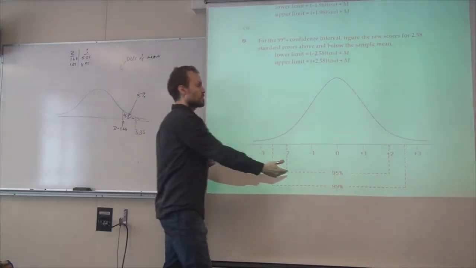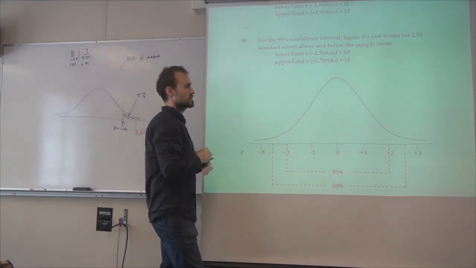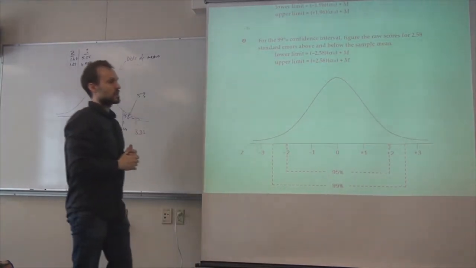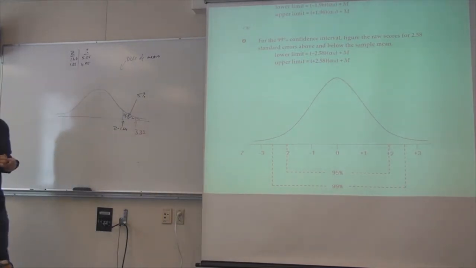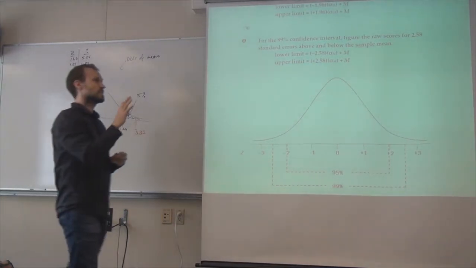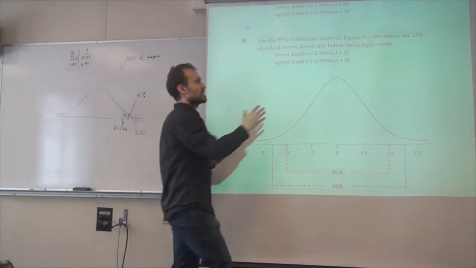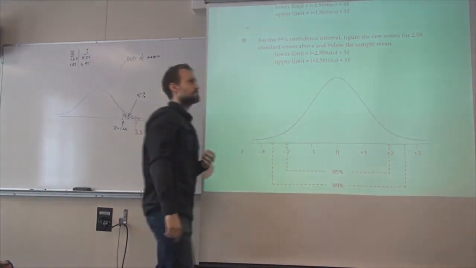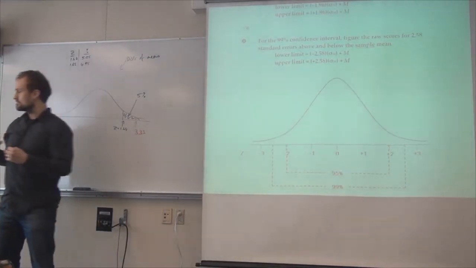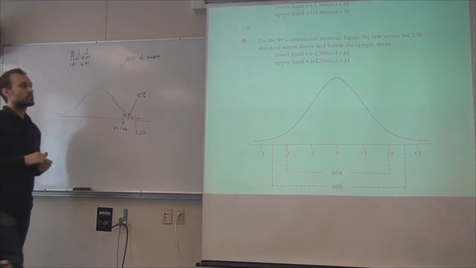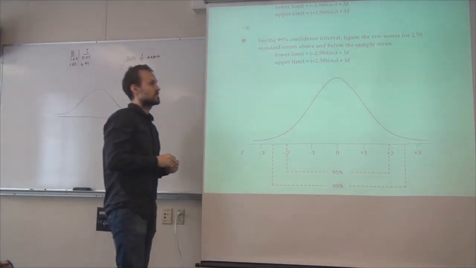If I want to be more confident in containing the mean, then I have to stretch that a little bit to cover the corresponding percentage and be sure that the mean, I'm not sure exactly where it is, because my sample is only one value. My sample could be a little off from what the new population mean actually is.